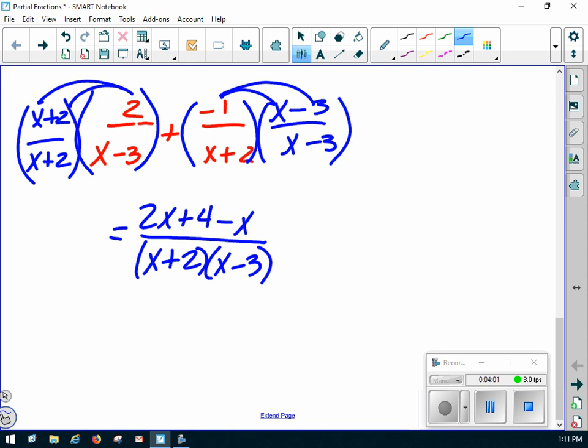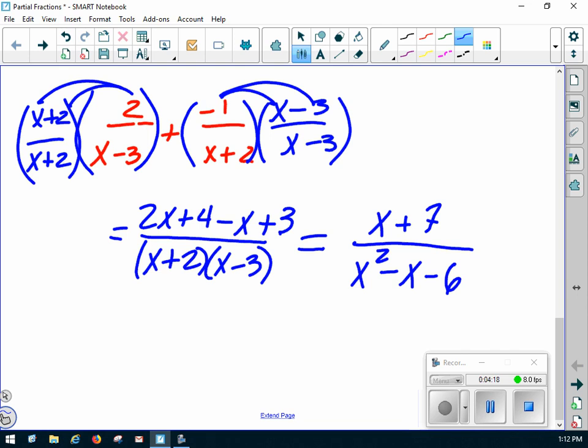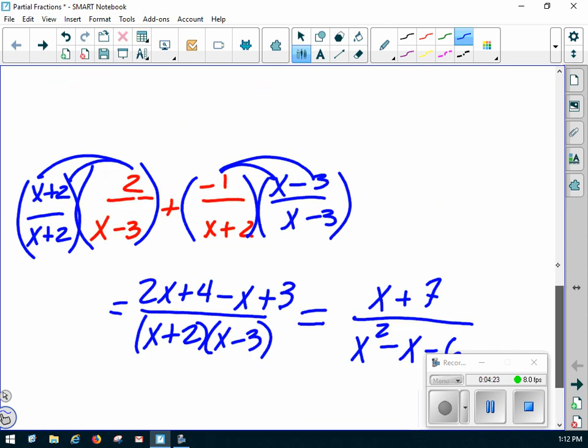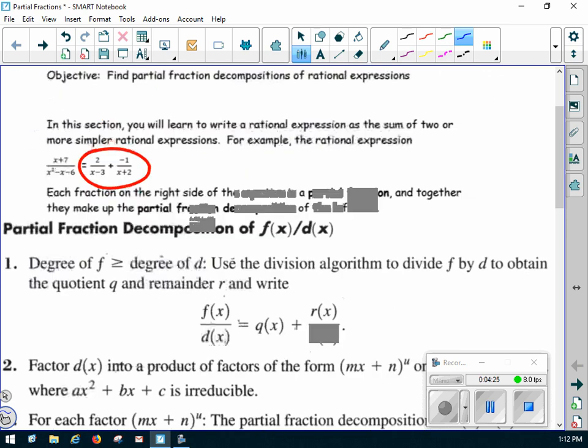Minus x plus 3, which equals, clean her up, x plus 7. Now I'm going to multiply the bottom out just for a reason here. X squared minus x minus 6. That, ladies and gentlemen, is this. Right?